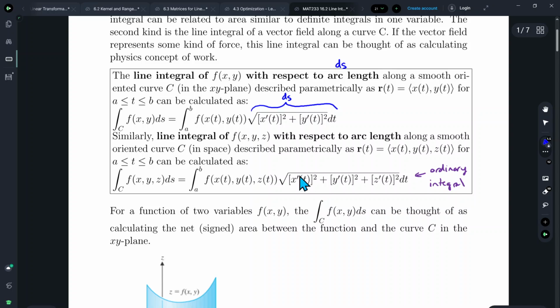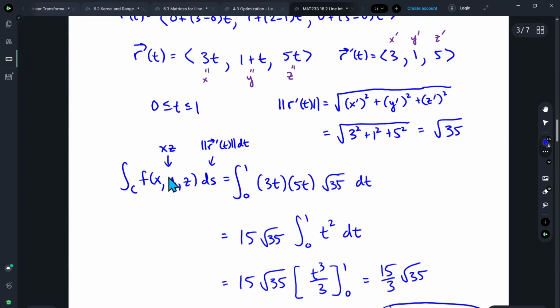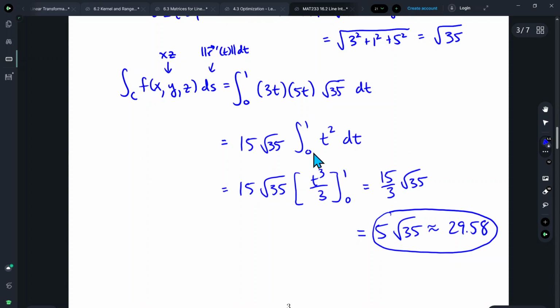So you just need to set up the integral appropriately. And in the end, to calculate these line integrals, the integral that we set up ends up being an ordinary integral. So you just use the ordinary methods of integration to calculate once you've set everything up like this.